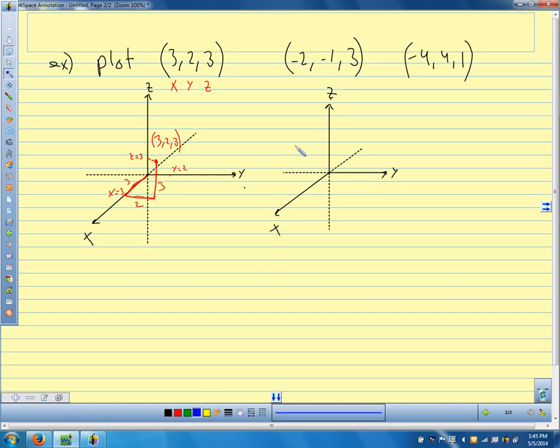For this one, I'm going to go -2 in the x direction, so 2 units this way. I'm going -1 in the y direction, so 1 unit that way, and then 3 units up. That would be -2, -1, 3.